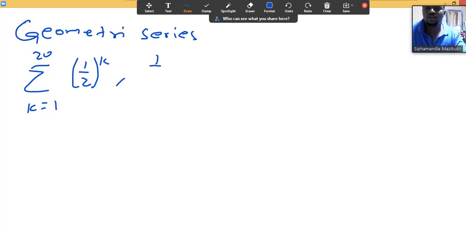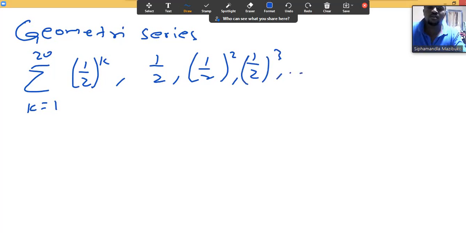That will be 1 over 2, then 1 over 2 squared, 1 over 2 to the power 3, etc. So this is nothing but 1 over 2, 1 over 4, 1 over 8.